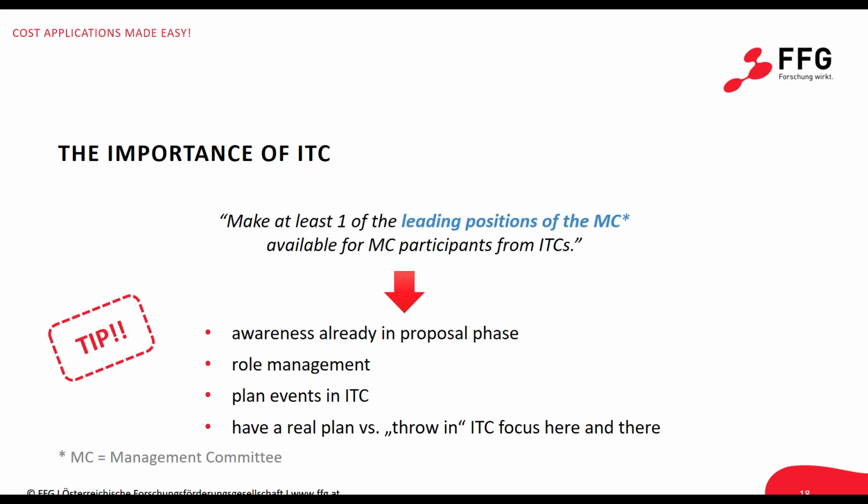And by saying that, with the proposals I see, you can sometimes tell the difference between those proposers who have a well thought through plan in comparison to others where you say, okay, we know ITCs are important and we have to throw in a few sentences here and there to show that we are aware of that. It's easy to tell when you read a proposal like that. So just make sure to think it through, because it is a focus of the program.